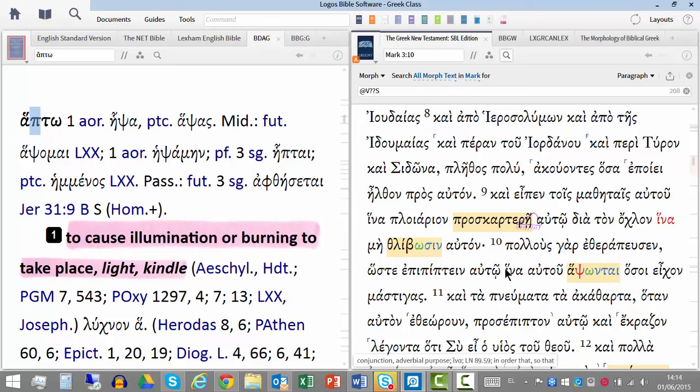Here's a clue once again. You'll see how common it is to find hina. So this was hina autou hapsontai, in order that they might touch him. So hapto, used in the middle voice, means to touch. Hina autou hapsontai, in order that they might touch him.